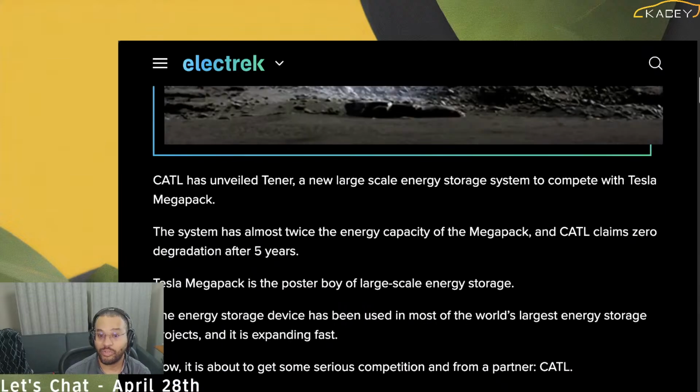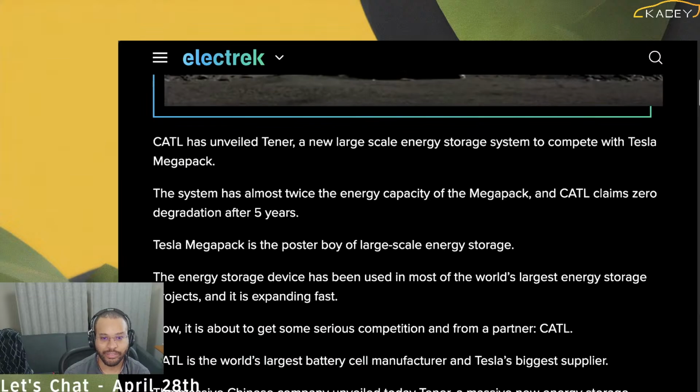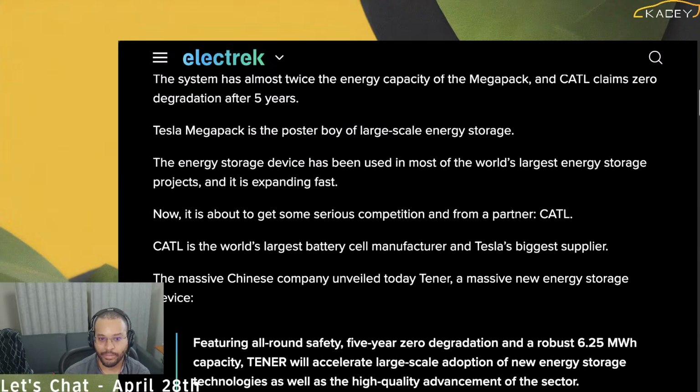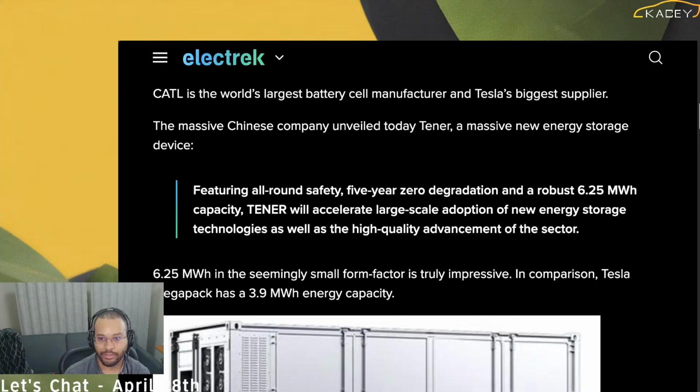Okay, so they claim almost twice the capacity of the Megapack, and they claim zero degradation after 5 years. And where is the size? 6.25 megawatt hours for the TENER.